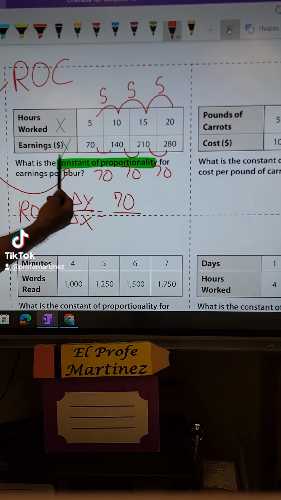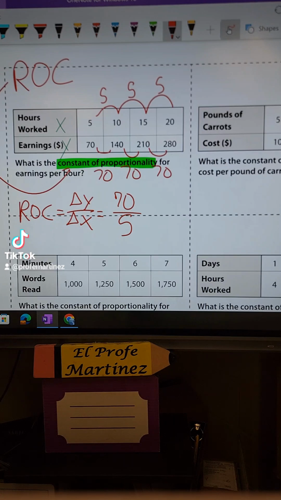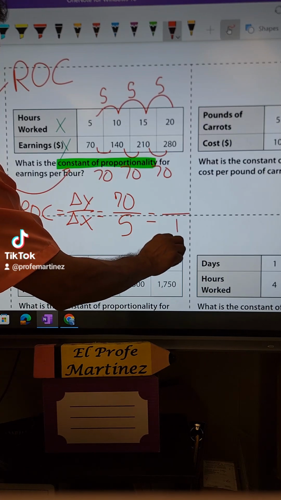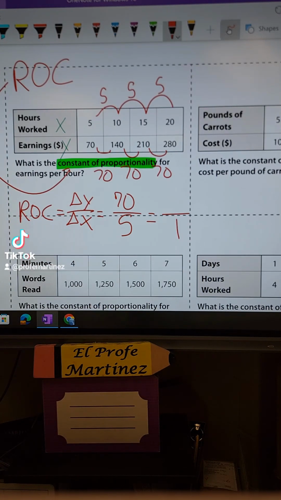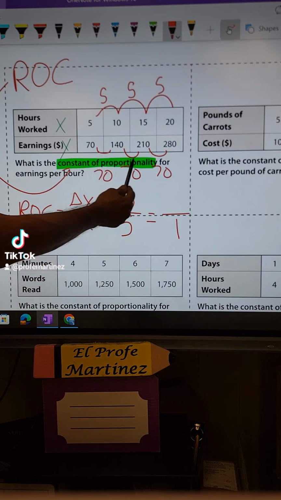The hours worked, which is your X, was going by 5. Now this is the ROC, but what we want to find is the unit rate, or the constant, when the hours are at 1 hour. What would it be at 1 hour? That's what gives you the constant of proportionality.